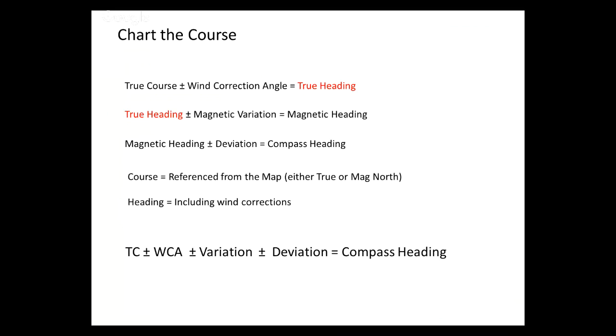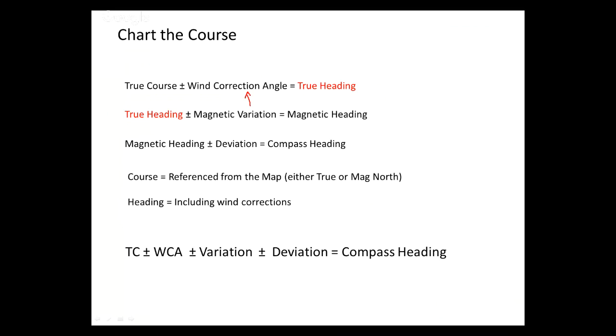Yes. Okay. I want to recite the equation that we should always keep in mind when doing our flight planning. We're going to get our true course from the sectional, so we're going to start with that. We're going to apply our wind correction angle. And I think I mentioned this last time, people switch these all the time. It just depends what your style is.